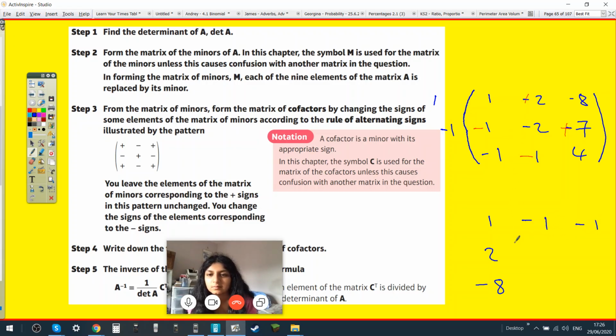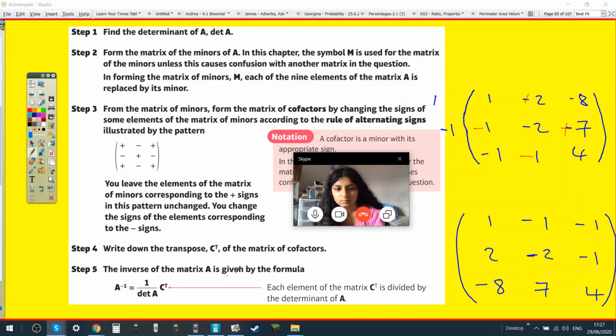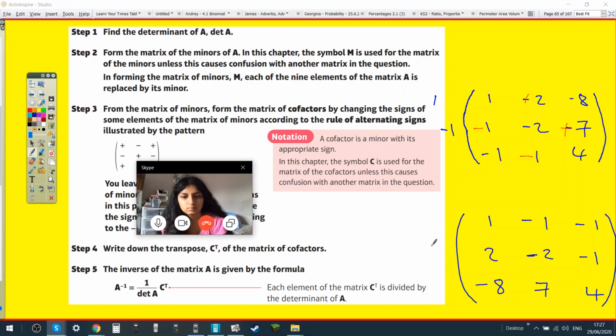Then -2, 7, -1, 4, and -1, 4. And now you have to times the whole thing by the inverse given by this formula, 1 over the determinant times the transpose. So times everything by 1 over -1, which is just -1.